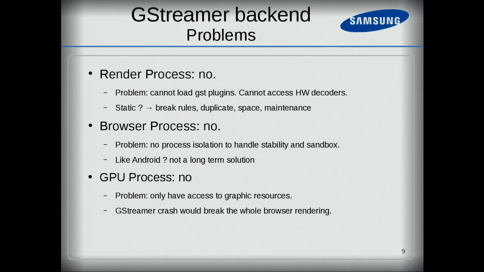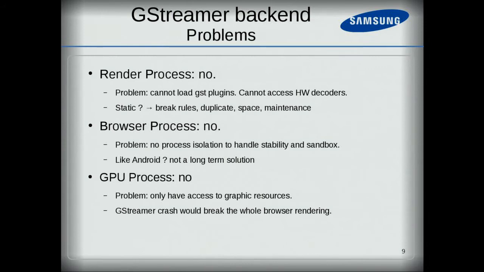So where to put GStreamer? In which process? The render process, that's a big no. This is a place we want to avoid. It has access to nothing, so we won't be able to load some plugins, and we don't want to compromise the rest of the process.